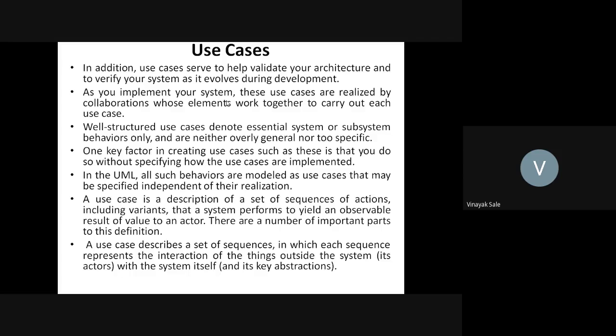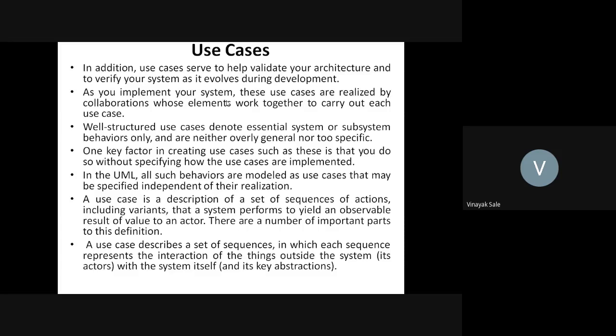In UML, all such behaviors are modeled as use cases that may be specified independent of their realization. A use case is a description of a set of sequences of actions, including variants, that a system performs to yield an observable result of value to an actor.